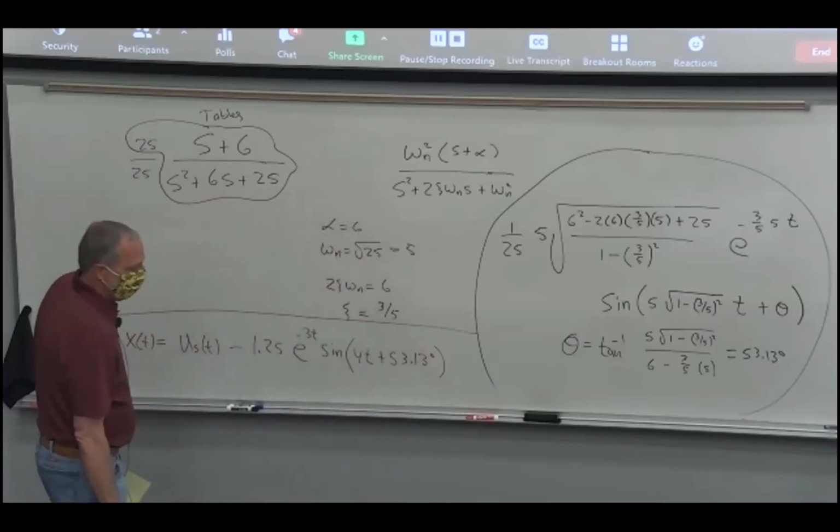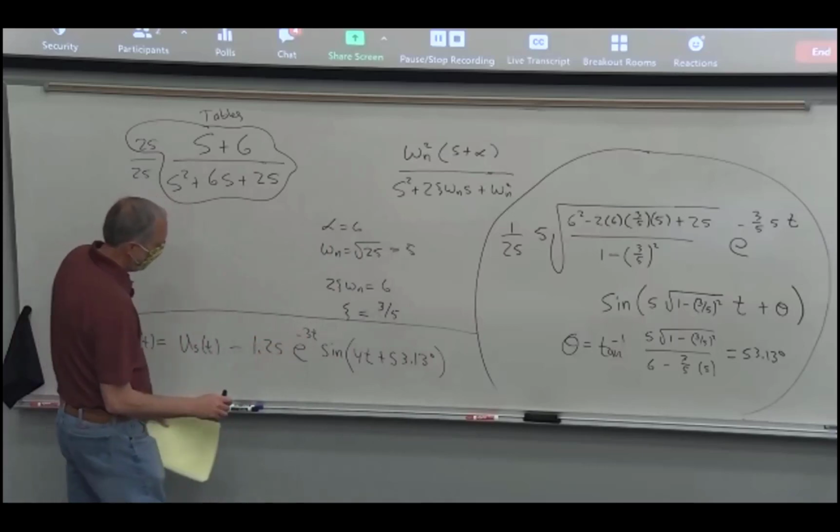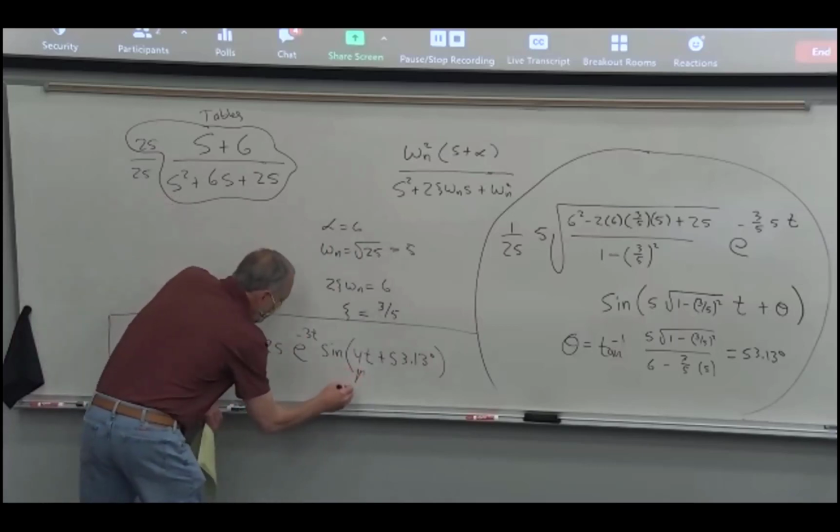And so that's what you get. The damping is in e to the minus 3t, and then the frequency here is in radians per second.